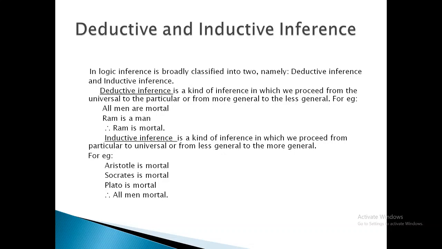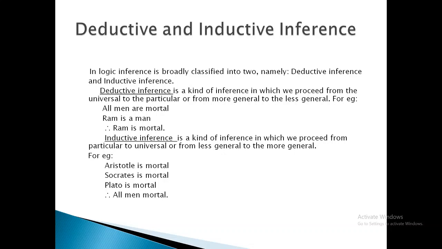After perceiving some particular cases, X, Y, Z, Ram, Sham, you have perceived. After perceiving some cases, you make up your mind. Here you are inferring that all men are mortal. You have no direct proof.